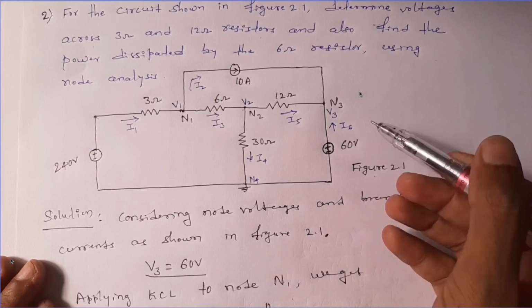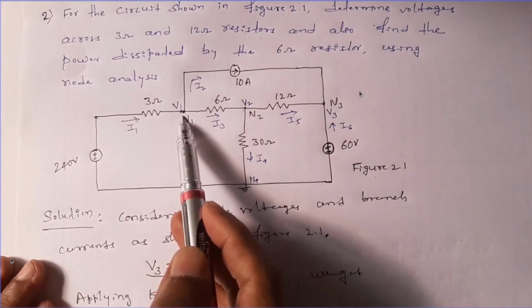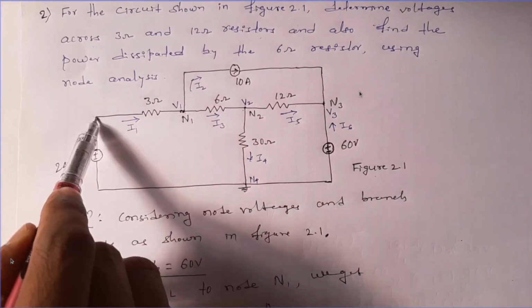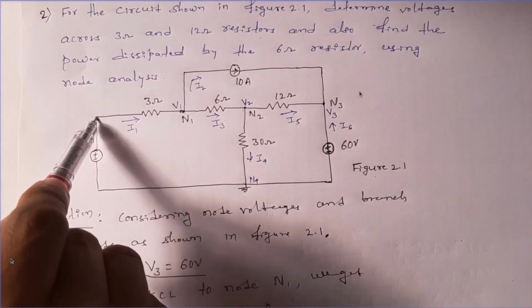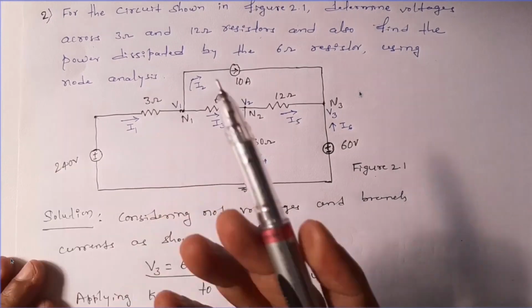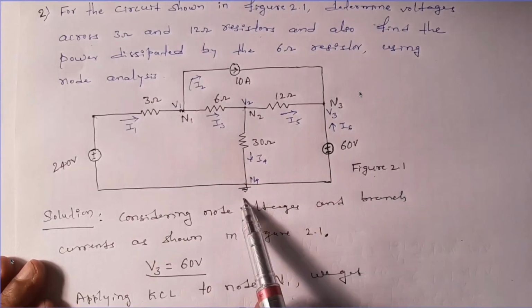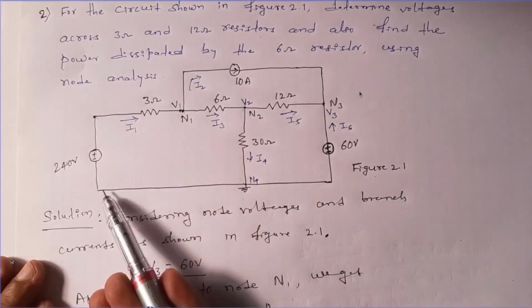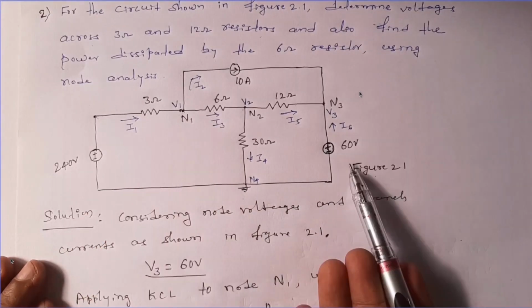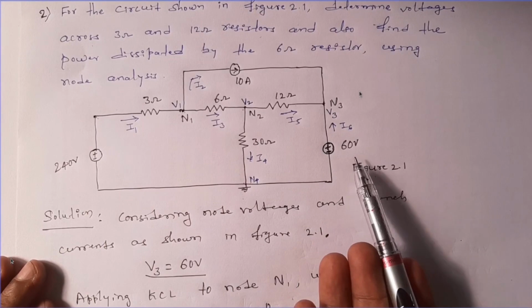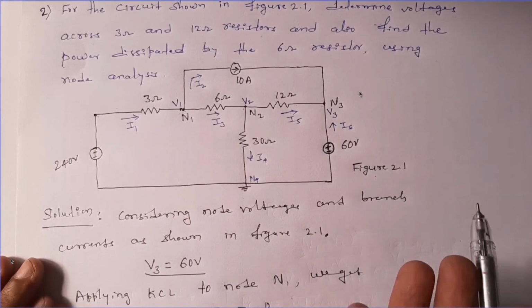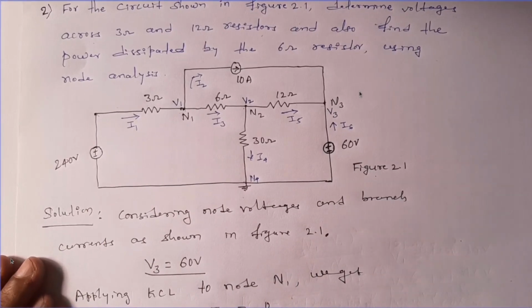Instead, I considered N1 here because the voltage at this point is directly known to me, that is 240 volts. Otherwise, you can also consider N1 here, N2 here, N3 here, N4 here and N5, where V1 will be directly equal to 240 and V4 will be directly equal to 60 volts. Still you will arrive at the same solution. There is no problem with that.